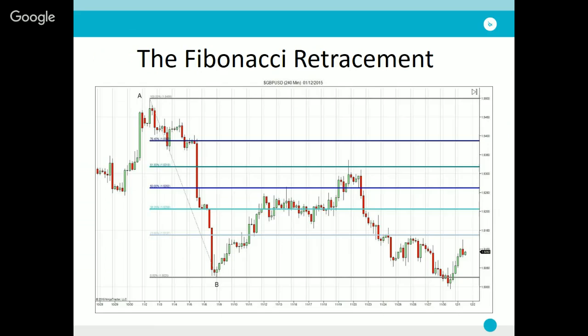However, we're still faced with the question of which levels will yield the reversal. And the answer is that we don't know, okay? Fibonacci tools give us the levels to monitor, but then it's up to us to make our own trading decisions. So in terms of looking to trade retracements, really what we want to identify is a confluence of factors.